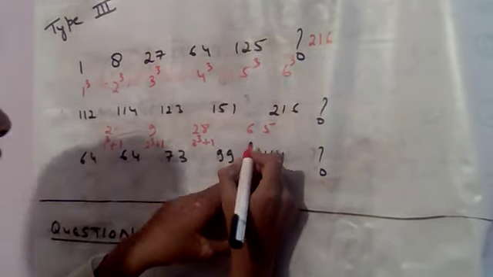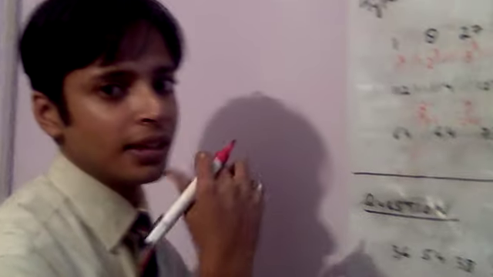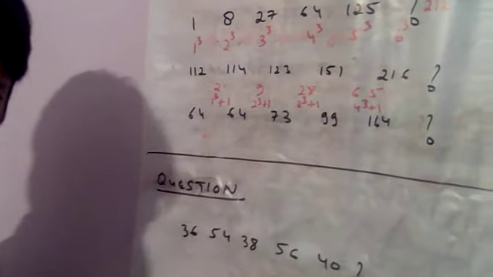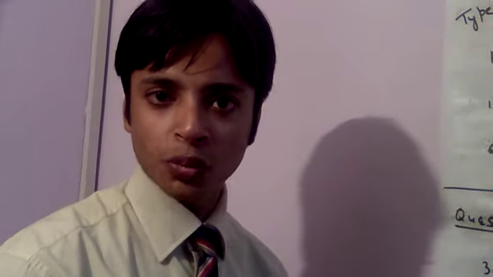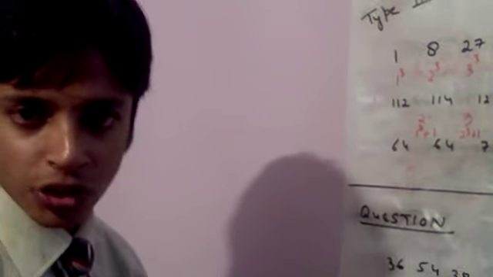Here we can see it's 65, that is cube of 4 plus 1. Over here folks, we have seen that the difference is actually the cube of a natural number plus 1.